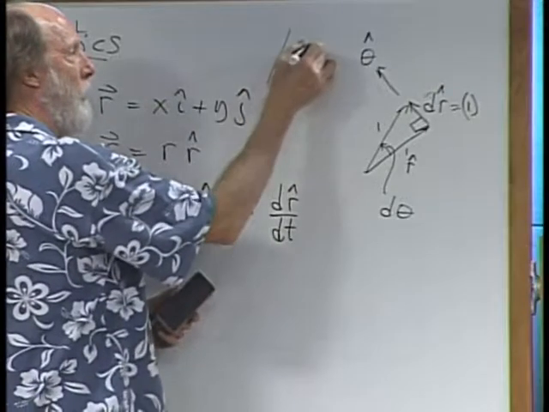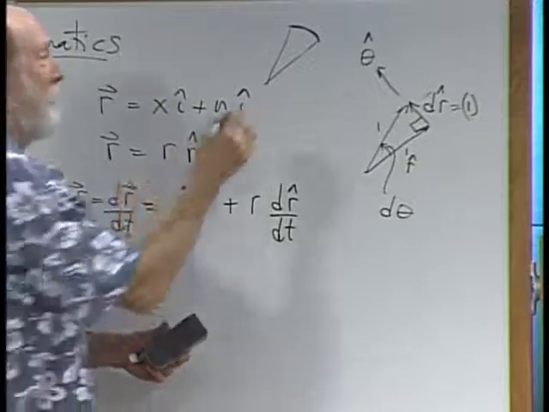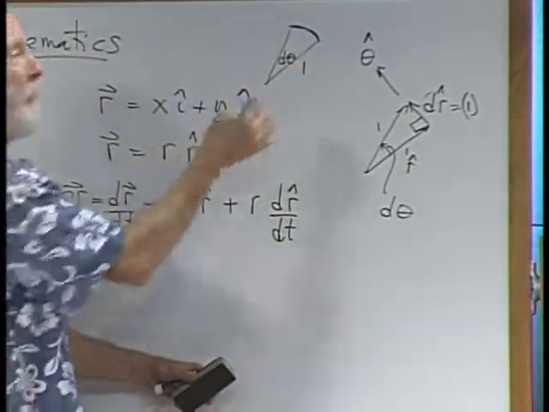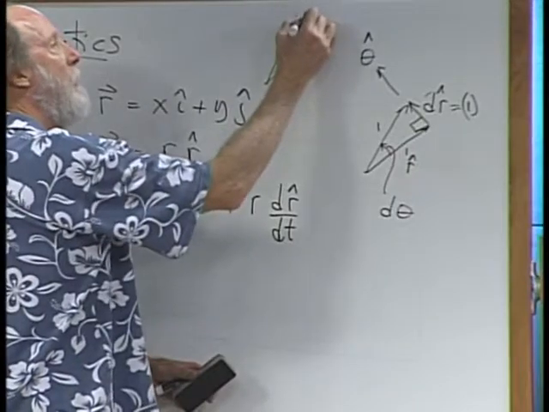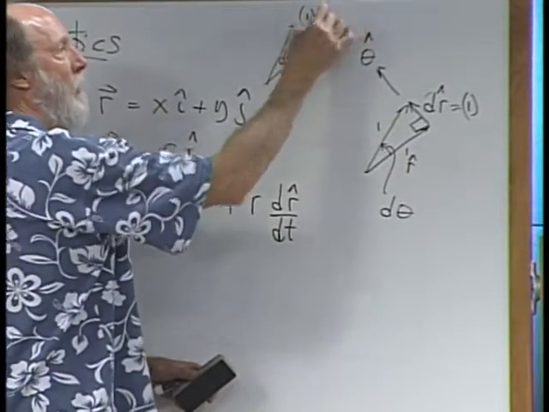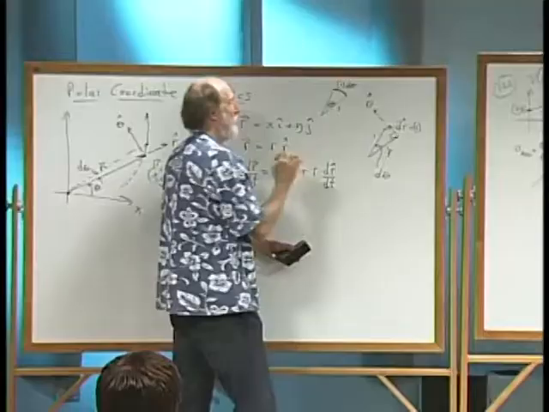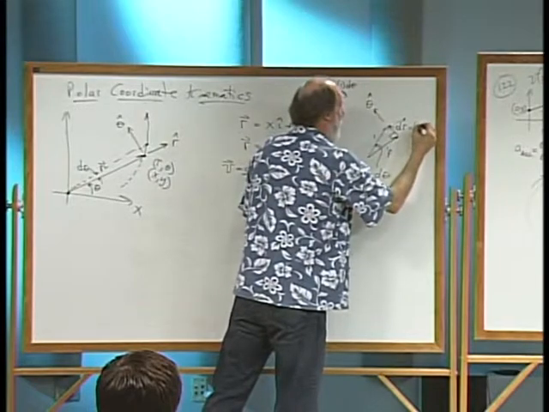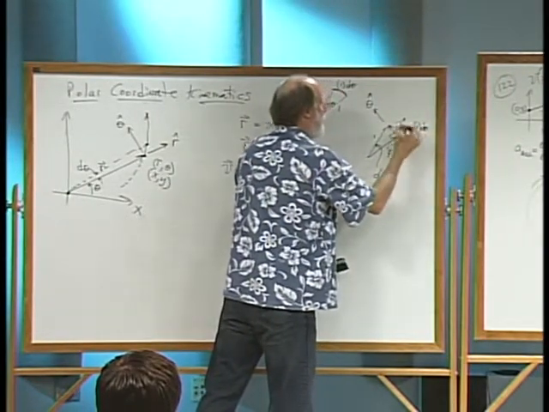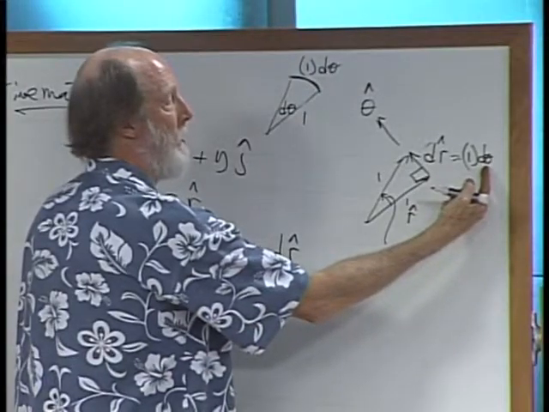So in essence what we're really doing here, let me exaggerate a little bit. It's a circular arc, and the angle here is d theta. That's 1, so that arc length right there is 1 times d theta. And so that arc length right there is d theta times 1. And this thing is in that particular direction, so I have to assign a direction to this scalar here.